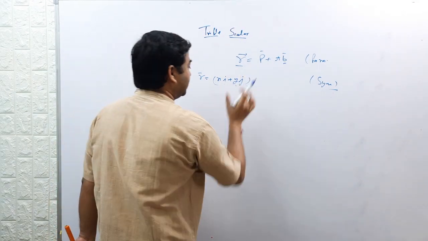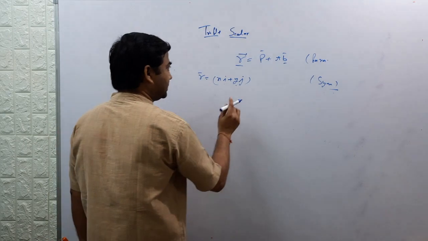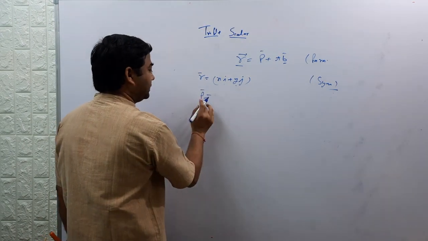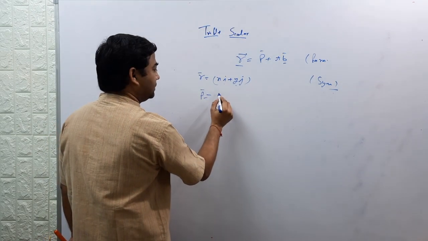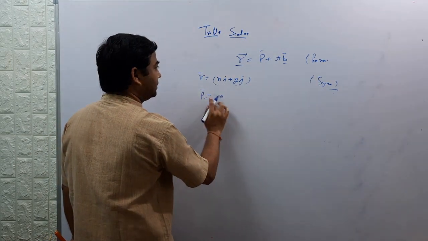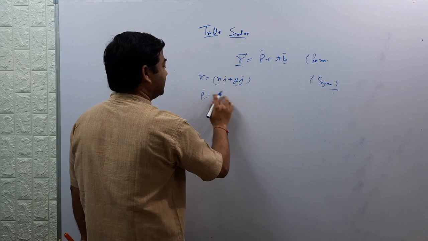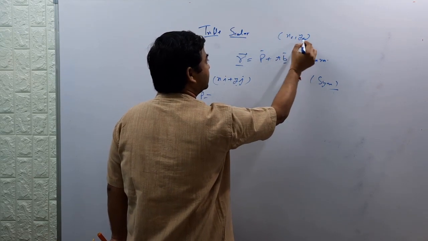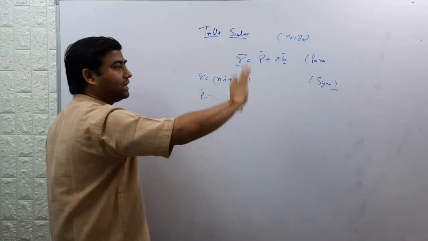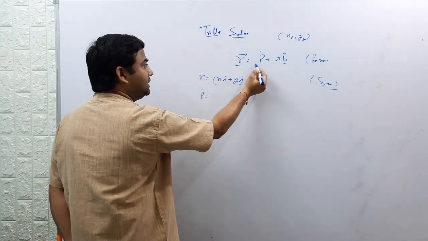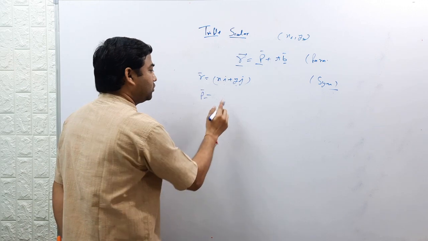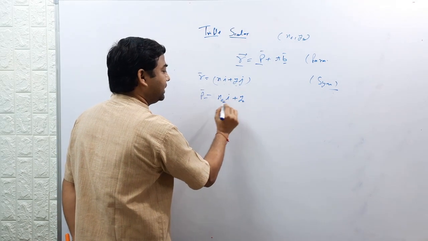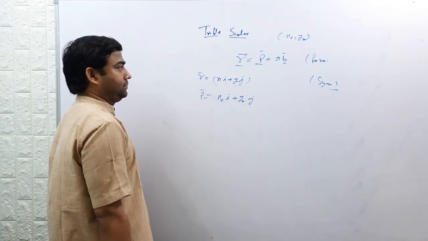Put R equal to this. Let the given point P be (x0, y0), the point from which the line passes. So the position vector P will be x0i plus y0j.